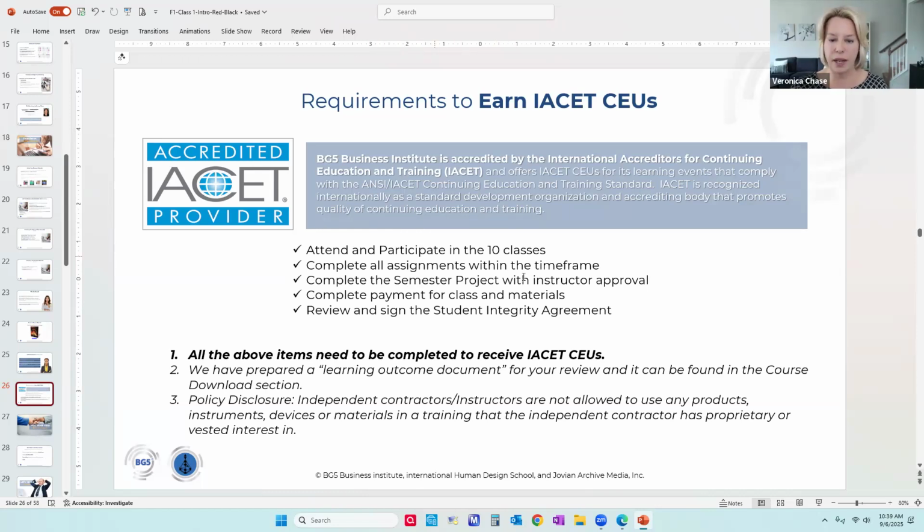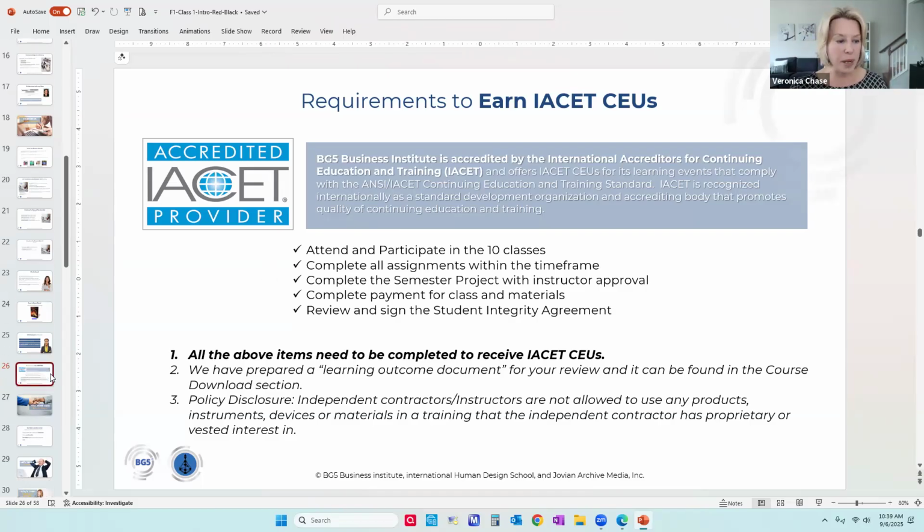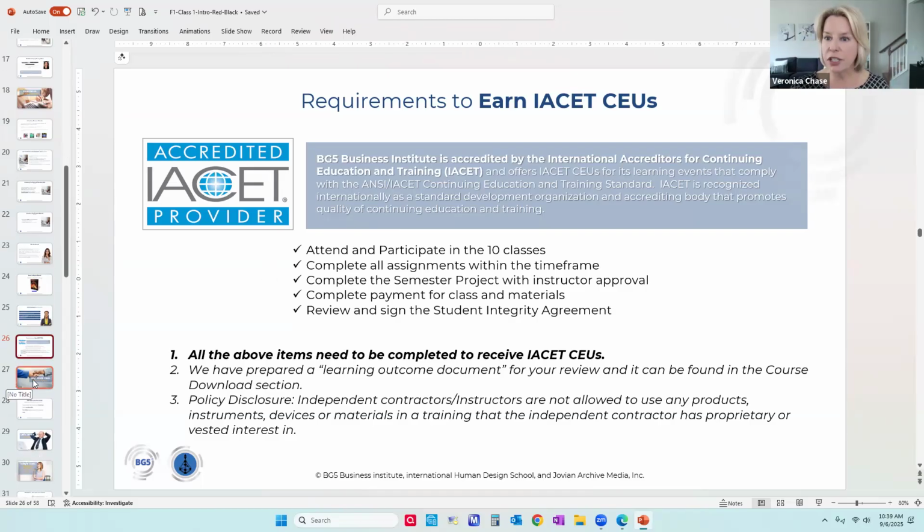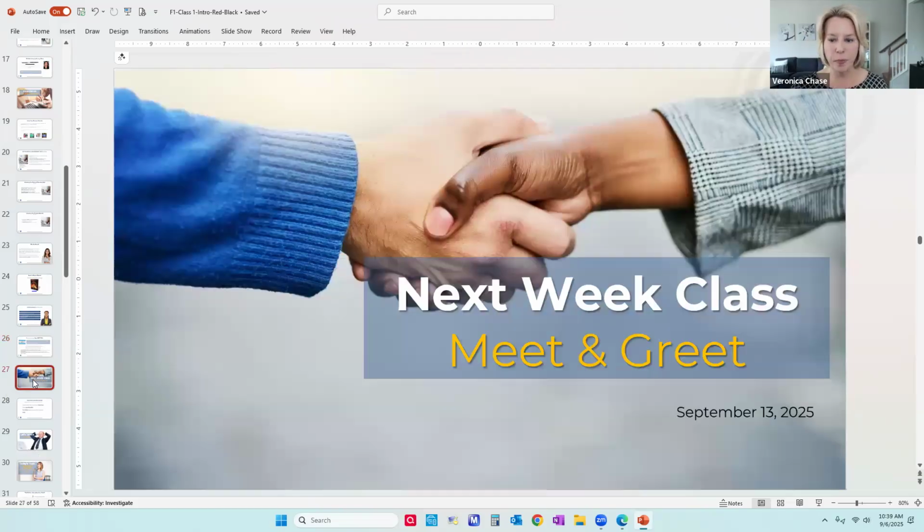Payment and everything happens up front. You have to have the materials and sign off on the agreements and all of that. So when all of those things are in place, then you are issued your IACET credits after each of the semesters. Now, this is not something that everybody is going to be concerned about, but I just like to note that because BG5 is an IACET provider.